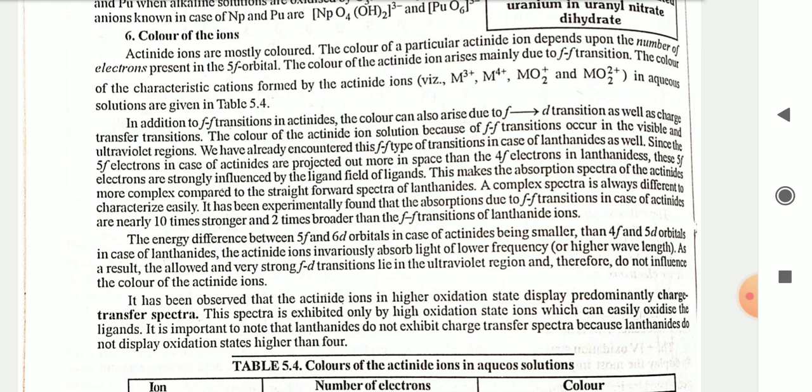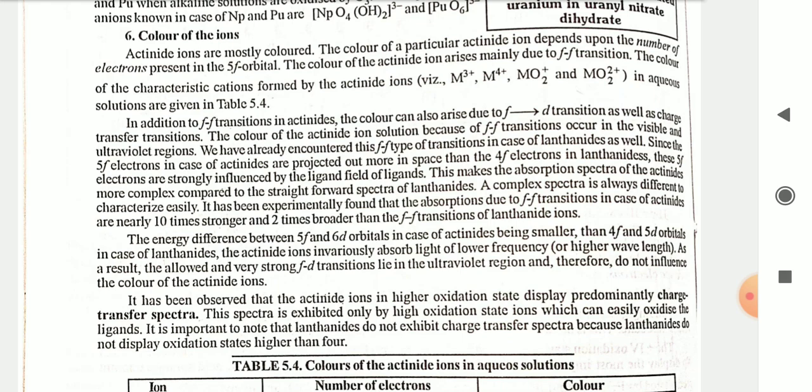The energy difference between 5f and 6d orbitals in actinides is smaller than between 4f and 5d orbitals in lanthanides. The actinide ions invariably absorb light of lower frequency. As a result, the allowed and very strong f-d transitions lie in the UV region and therefore do not influence the color of the actinide ion.